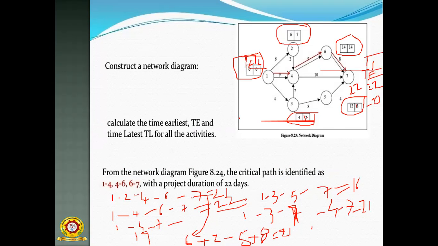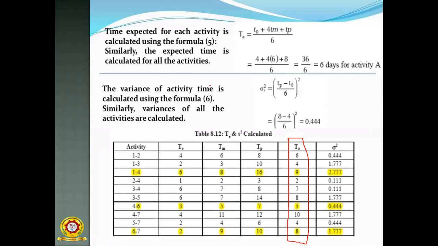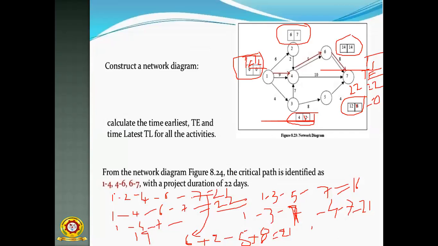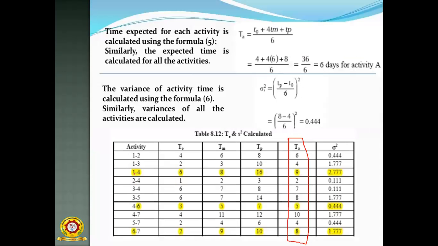In this way you have to calculate the TE and TL. Then you are able to understand. After that, how are we highlighting these? What is the critical path? 1 to 4, 4 to 6, 6 to 7. You have to mark and highlight these three: 1 to 4, 4 to 6, and 6 to 7. Why?